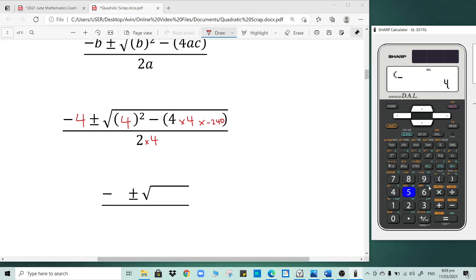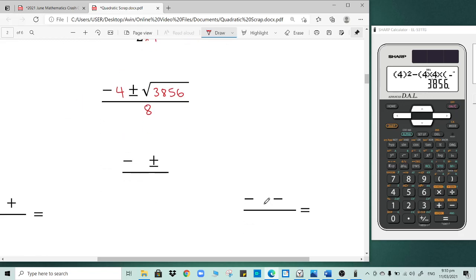Open brackets, 4, close brackets, squared, minus open brackets, 4 times 4 times minus 240, close brackets, press equal. Underneath here, I get 3856. Don't forget I have a 4 here, and 2 times 4 is 8. Let's square root the 3856.